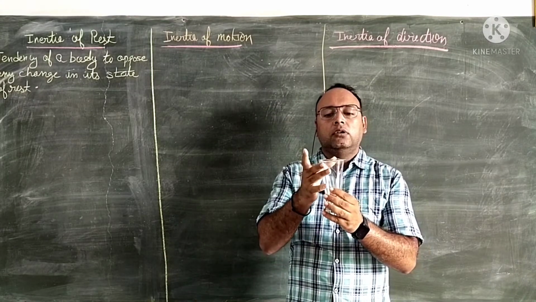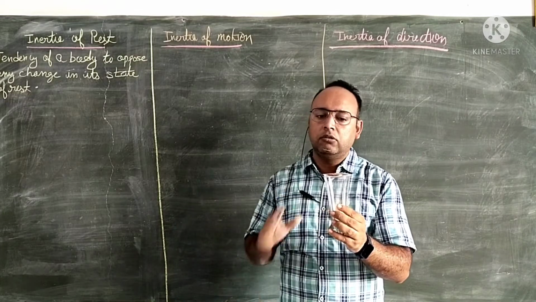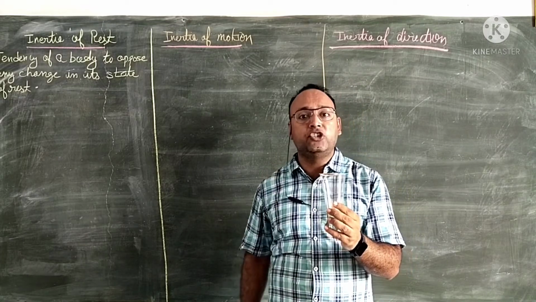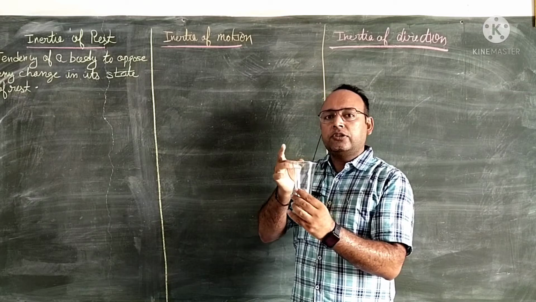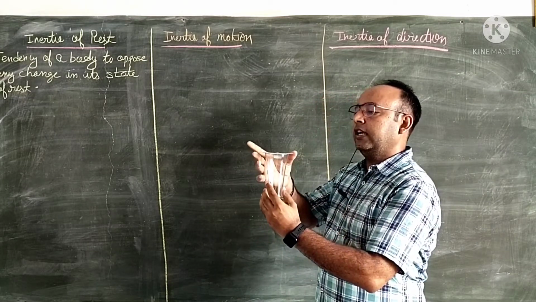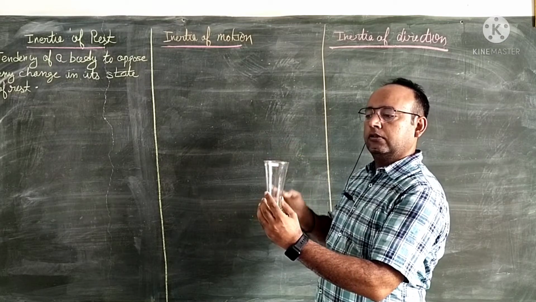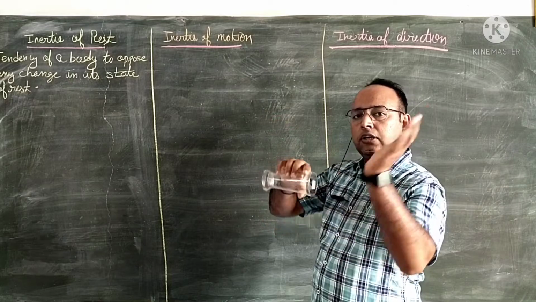So the coin is at rest. According to inertia of rest, the coin will try to remain at rest. If I apply force, it will oppose that change. If I flick that card, observe what happens. I give an immediate flick, the card goes, but the coin is here in the glass.